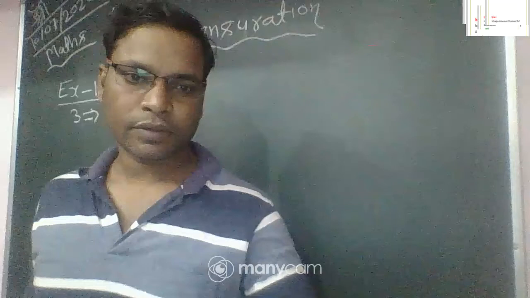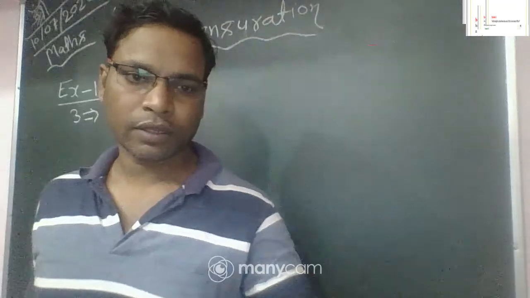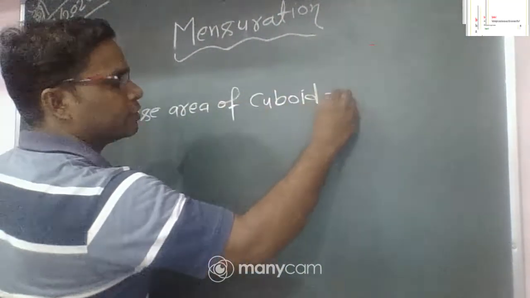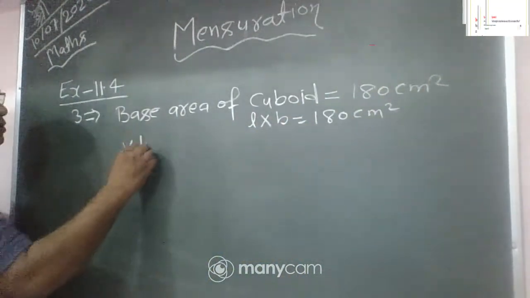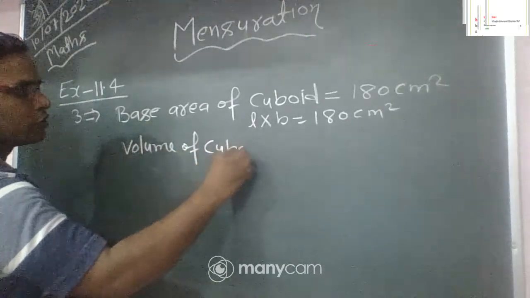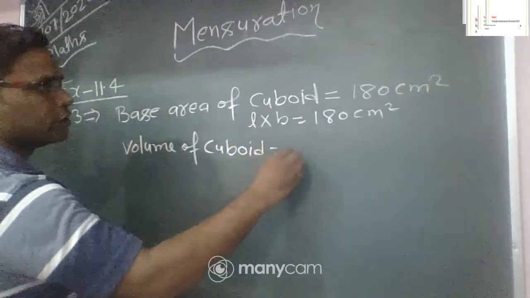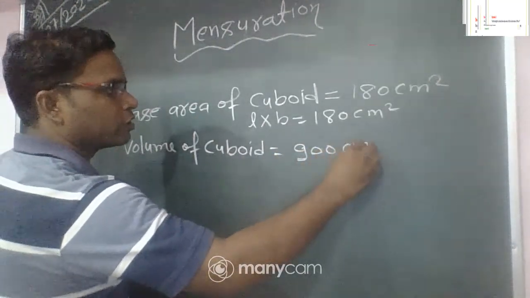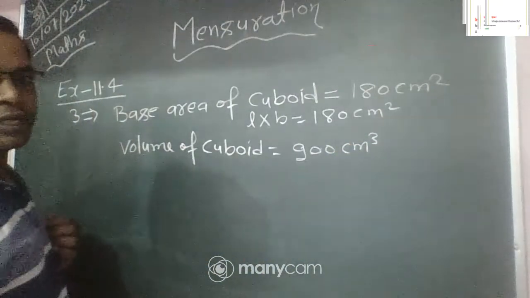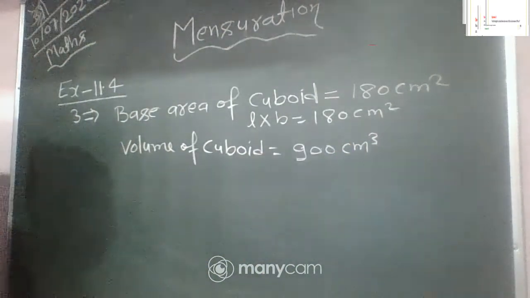This is equal to 180 centimeter square. And the volume of cuboid is given. Volume of cuboid is equal to 900 centimeter cube.